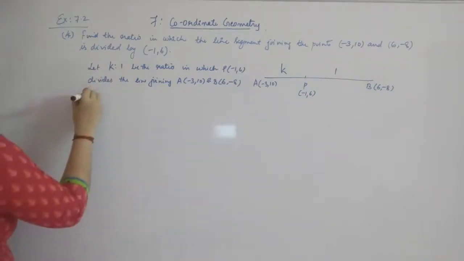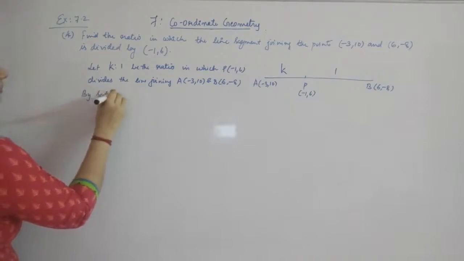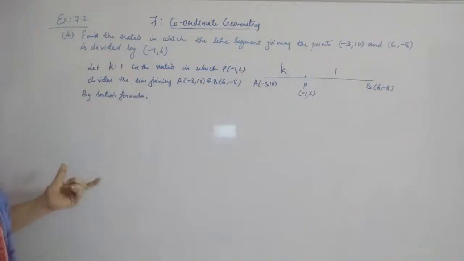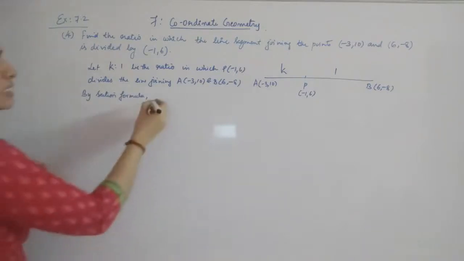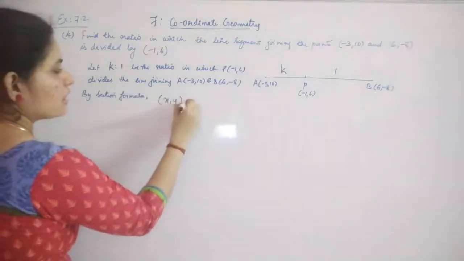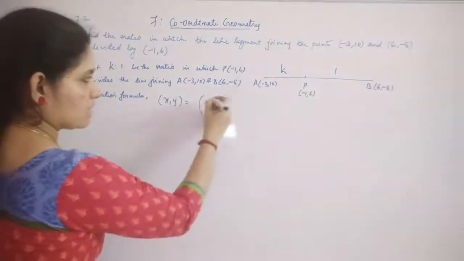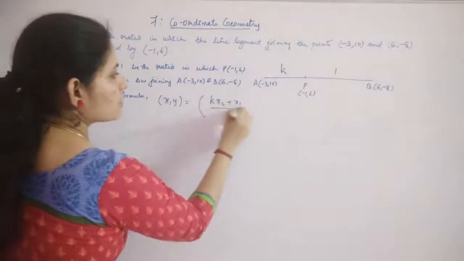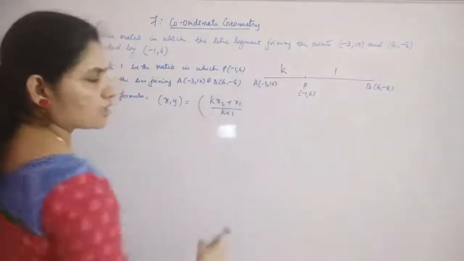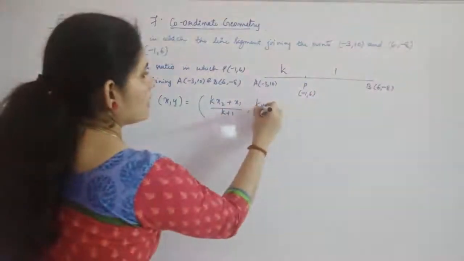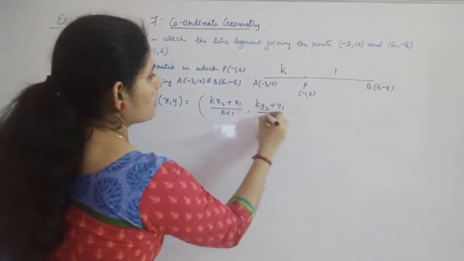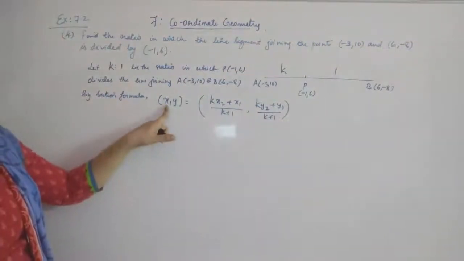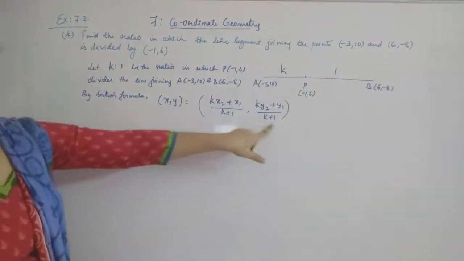Now by section formula, we normally find the coordinates x, y using the formula (k x2 plus x1) divided by (k plus 1), since we have taken the ratio as k:1, and (k y2 plus y1) by (k plus 1) will be the second coordinate, right? So the first coordinate x is this one and second coordinate y is this one.